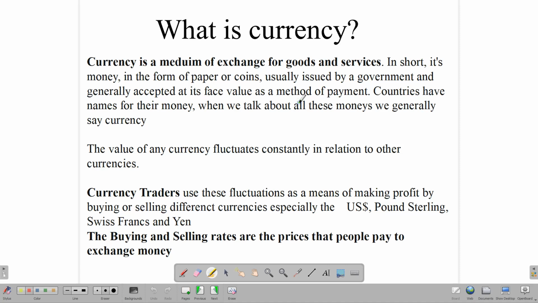On another side, though, countries give different names to their monies, and so we have the US dollar, we have the yen, for example. When we talk about all those monies together in a general term, we often use the word currency to describe that as well. So we may say the Jamaican currency, or we may say the currency of the world.